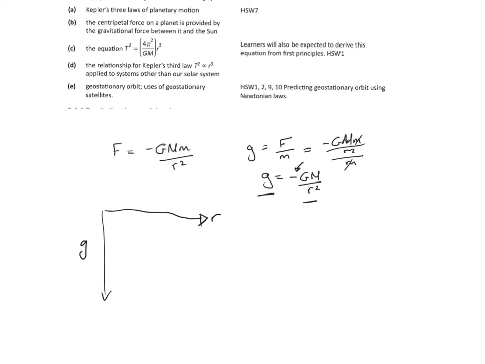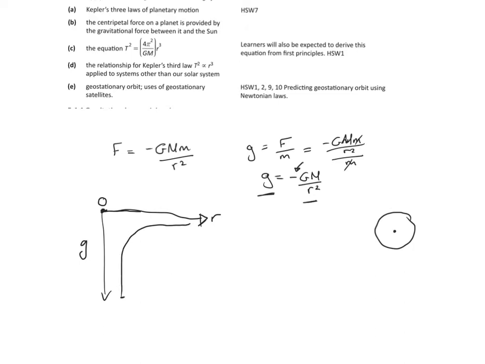If I consider the center, the distance here to be 0, this is from the center of a planet or a big spherical mass, then I would expect to get a graph which looks like this.